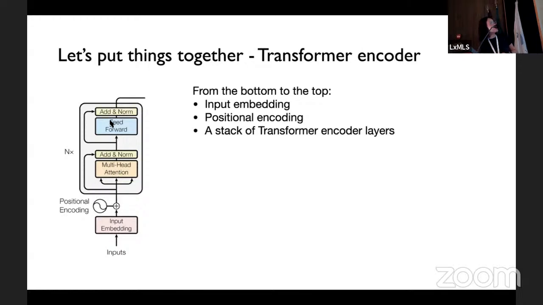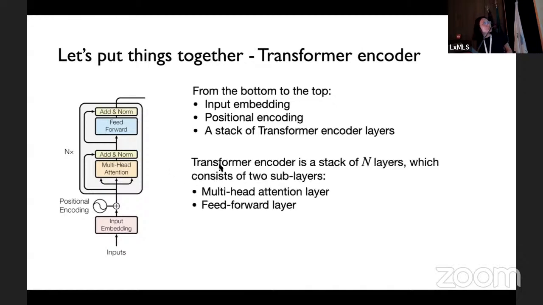A transformer encoder is a stack of n transformer encoder layers, and each of these has 2 sublayers: one is a multi-head attention, and one is a feed forward. In between, there are a residual connection and a layer normalization. That's basically how the transformer encoder works.